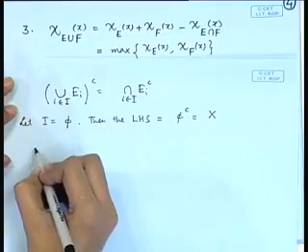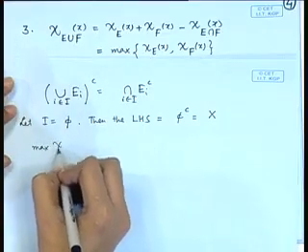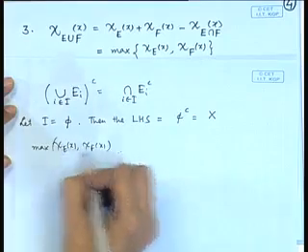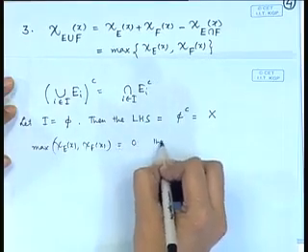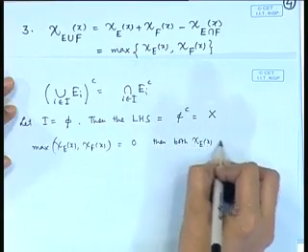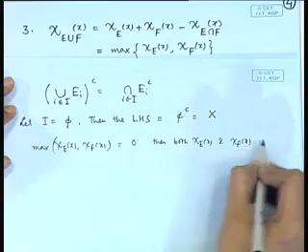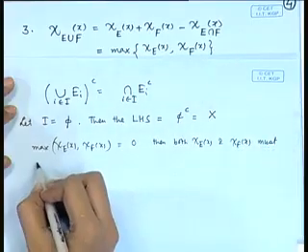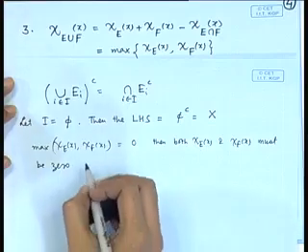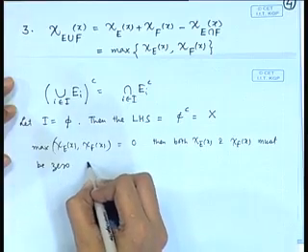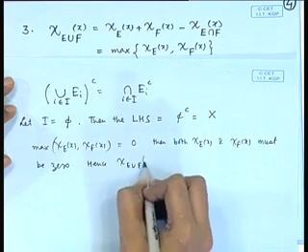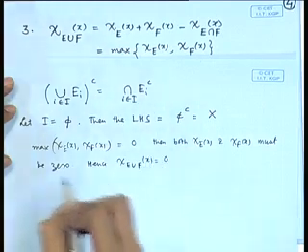write the maximum of chi E x and chi F x to be, say, 0, then both chi E x and chi F x must be 0. Hence, chi of E union F x will be equal to 0.